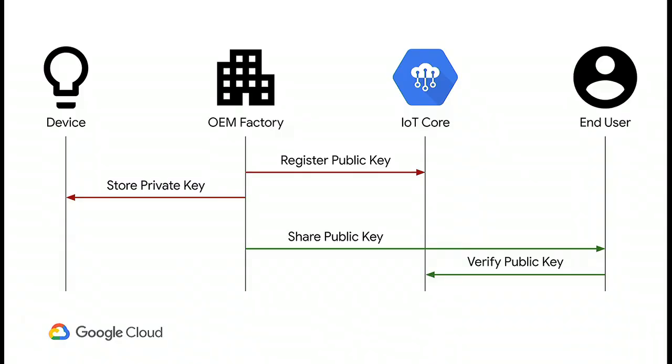So let's dive a bit deeper into the device provisioning process and how we might do this with something like Cloud IoT Core. So within IoT Core, I mentioned before that devices use this public-private key authentication mechanism when they connect to the service. So one of the things that the OEM or the factory is responsible for doing is producing that key pair and ensuring that the public key is shared with IoT Core and the private key is securely stored on that device before it's boxed up and ready to ship.